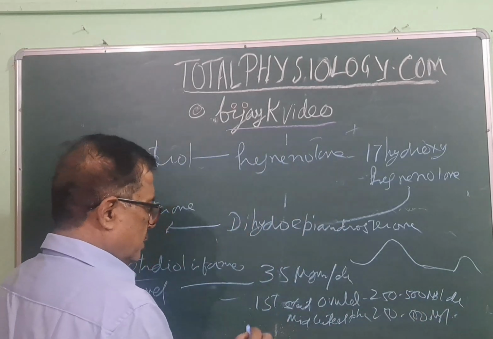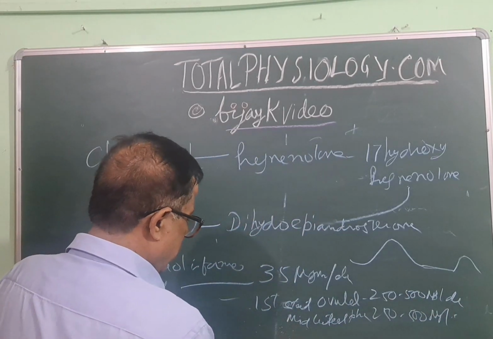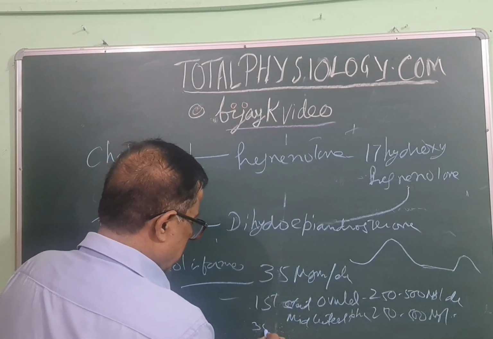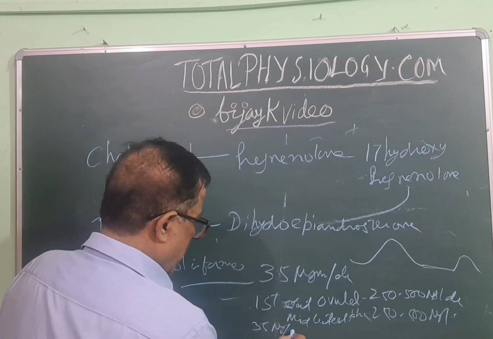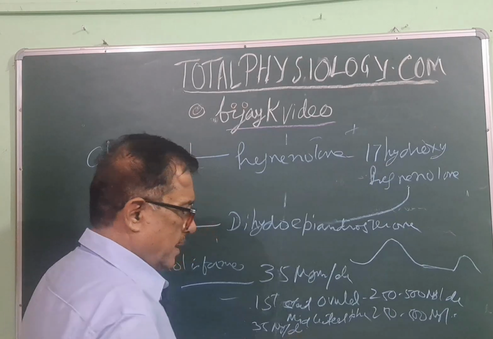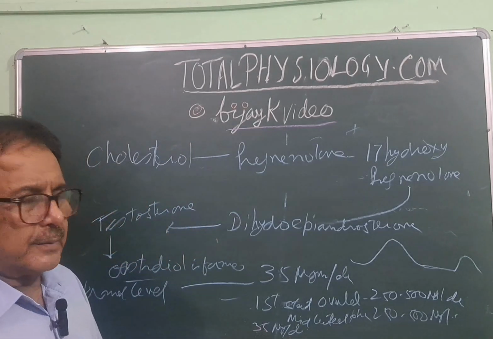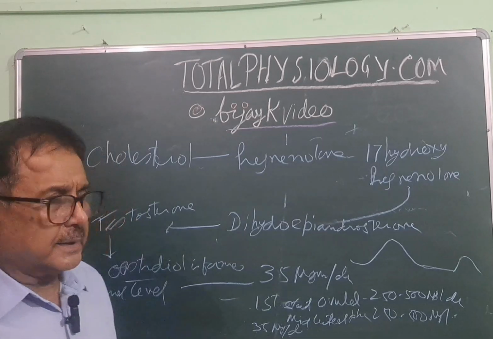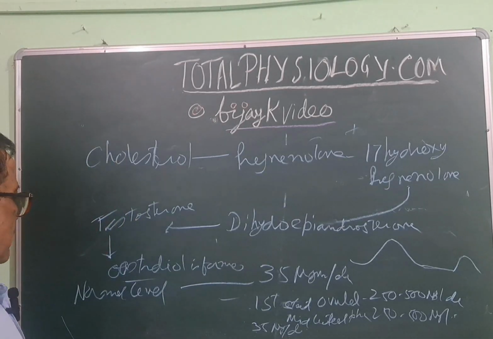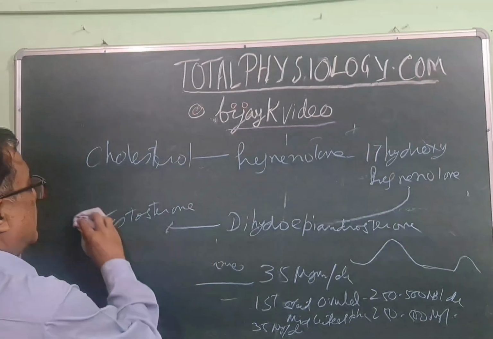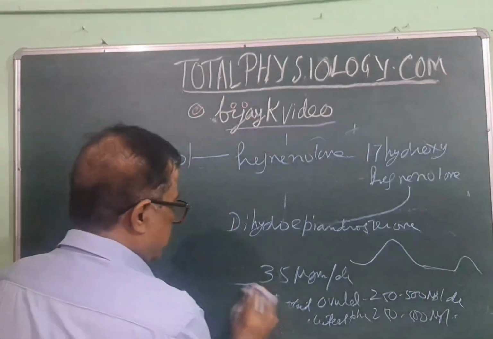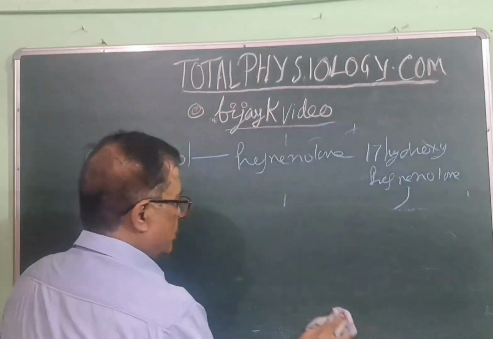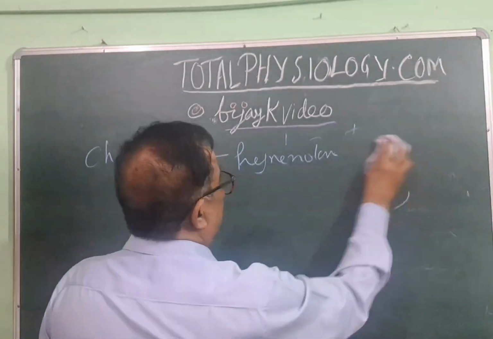After menopause, it again becomes less than 35 microgram per day, and in males also the level is only 35 microgram per day. This is the normal level. After secretion, it enters the bloodstream and goes to the target cell.